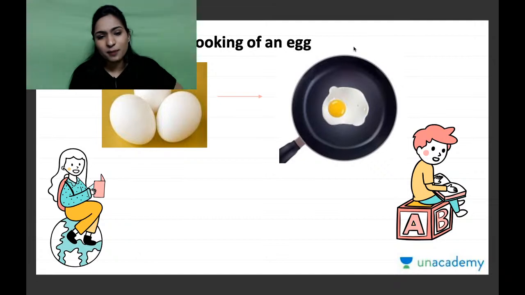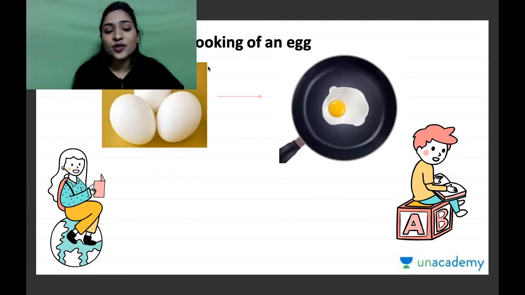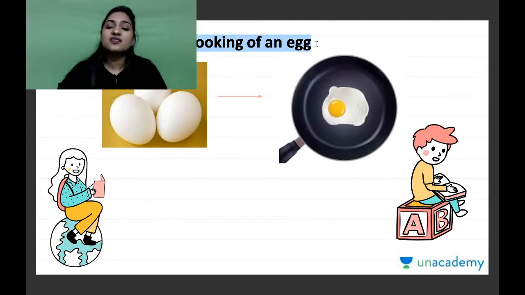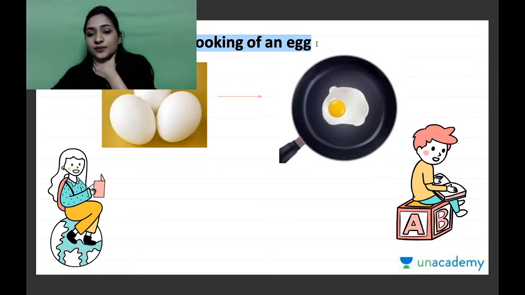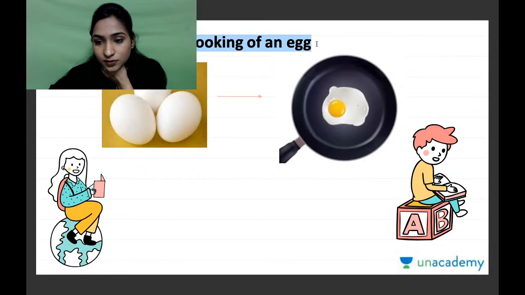Yes, I remember. Okay, so can you tell me what change is cooking of an egg? Is it a physical change or is it a chemical change? Can you tell me, is it a physical change or a chemical change? Cooking of an egg? Okay, so you are Vishal.